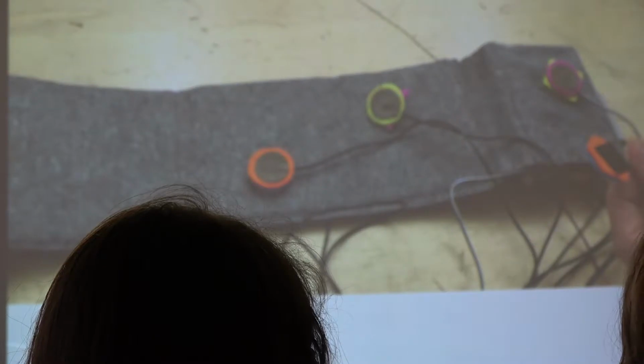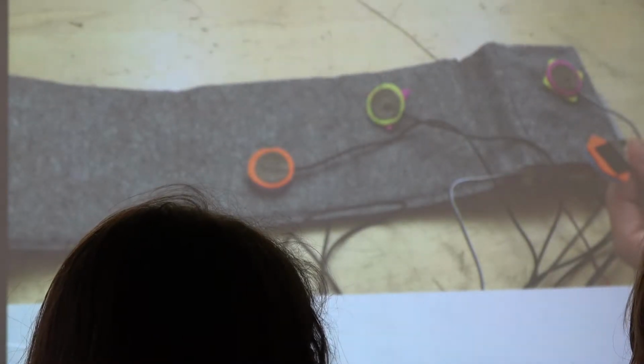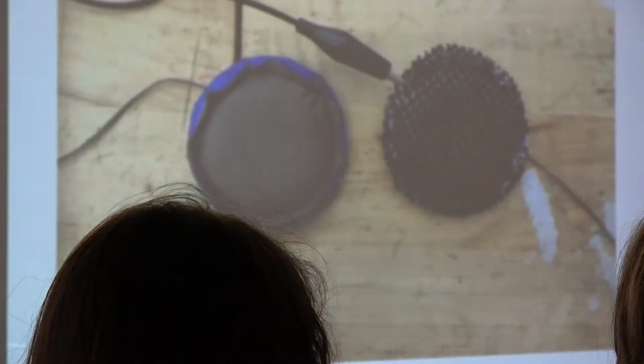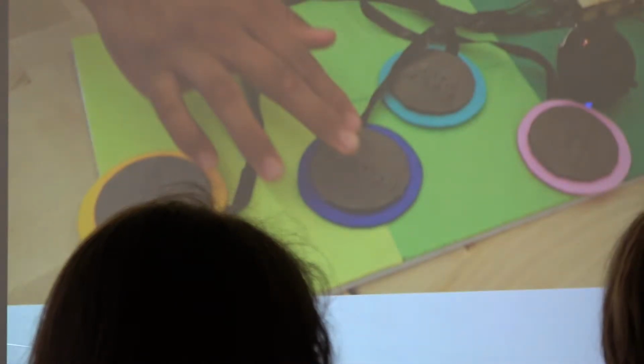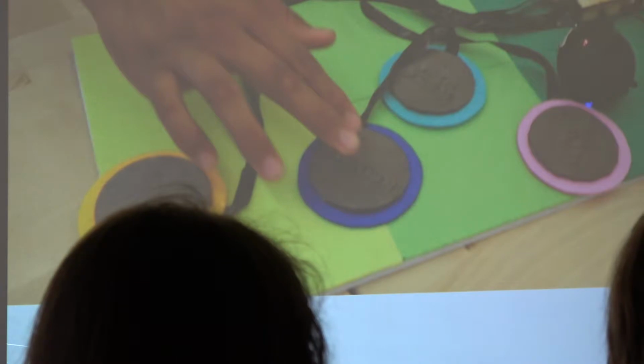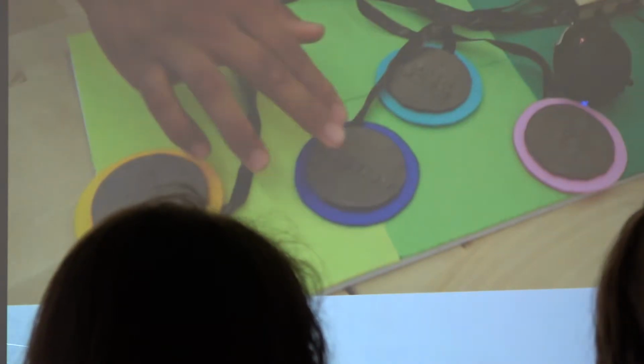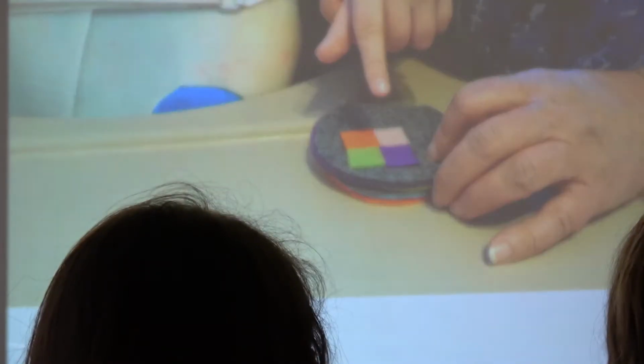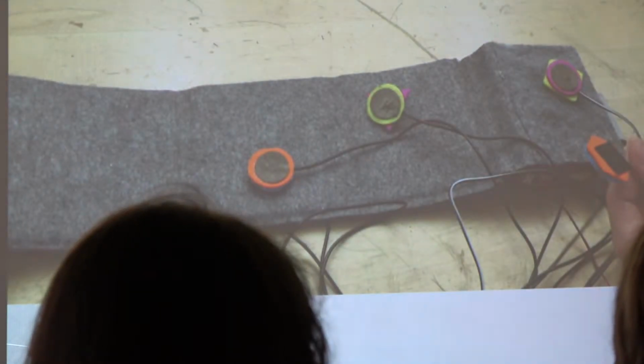And from this test, this was the final prototype, actually, so this was, I think, the second prototype. And they were playing with this modular aspect of the buttons as well, which was important for them for testing on the other side so they could get as much feedback on placement as possible. And then they ended up with this smaller design.